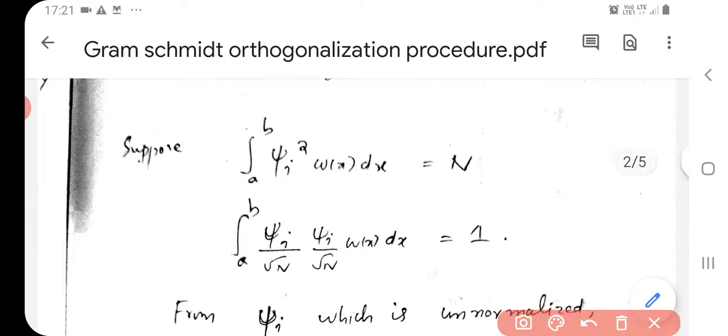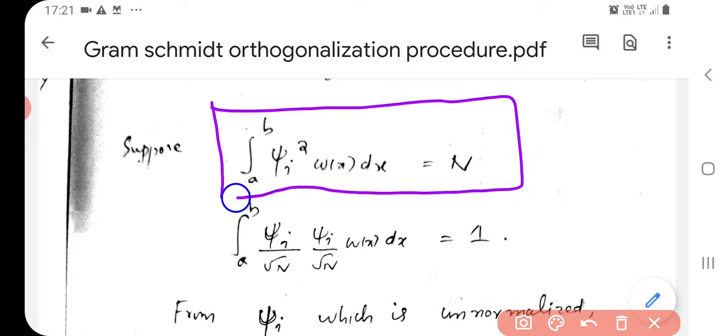So the idea is this: suppose we have the integral from a to b of psi i square w of x dx equal to n. You are not getting 1, that means psi i is not normalized.